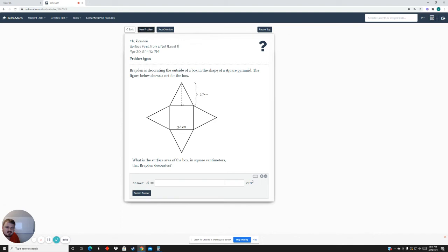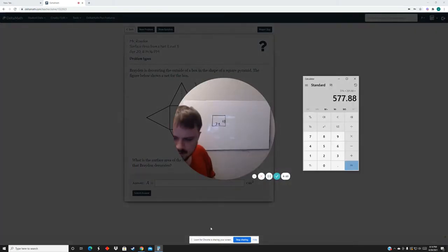And then, because it's a square pyramid, I'll just do the middle right now before I do anything else. It's just 3.8 times 3.8. So the middle is 14.44. Circled it so we won't mix that up with what the sides are.